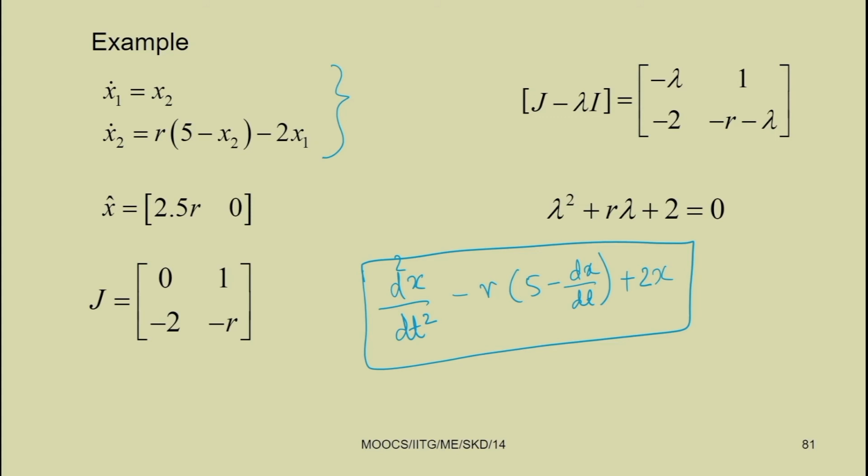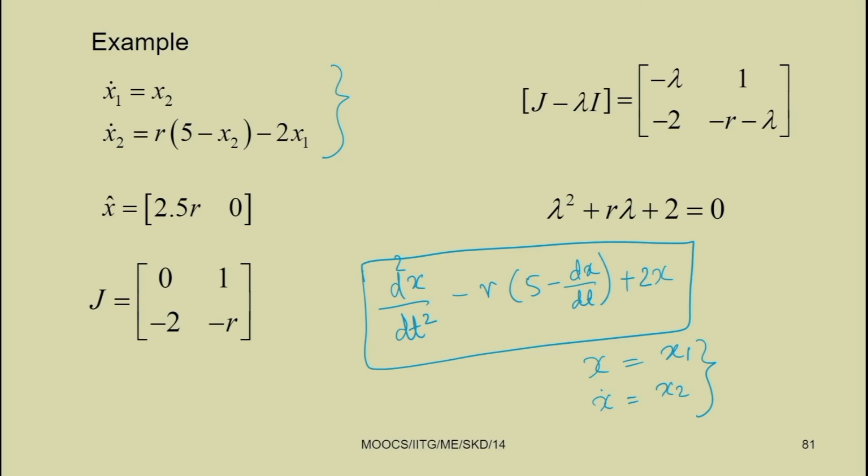Here we have taken x equal to x1 and x dot equal to x2, that is displacement equal to x1 and velocity equal to x2. So, you can write x1 dot equal to x2 and x2 dot equal to r into (5 minus x2) minus 2 x1.